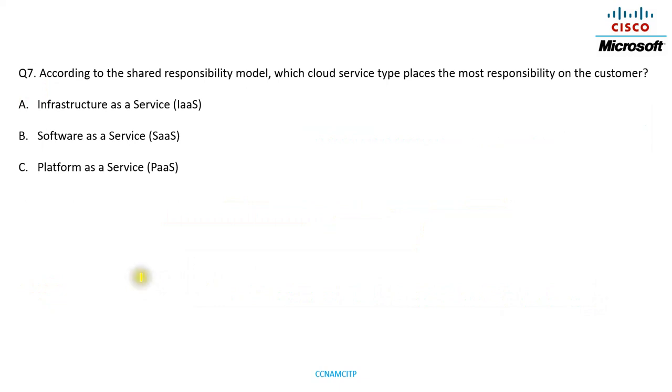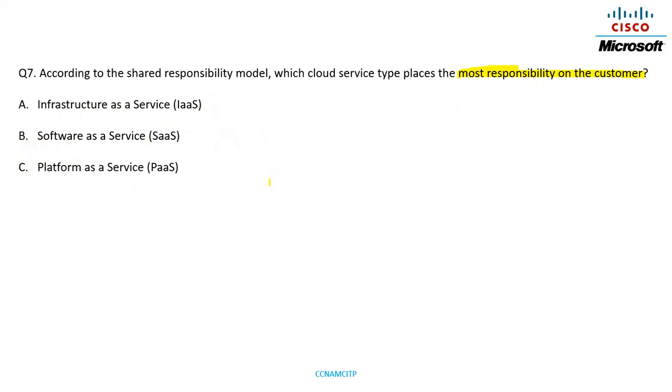So guys, the next question is: according to the shared responsibility model, which cloud service type places the most responsibility on the customer? I have already discussed the shared responsibilities in a separate video. So let's see whether it is infrastructure as a service, software as a service, or platform as a service.